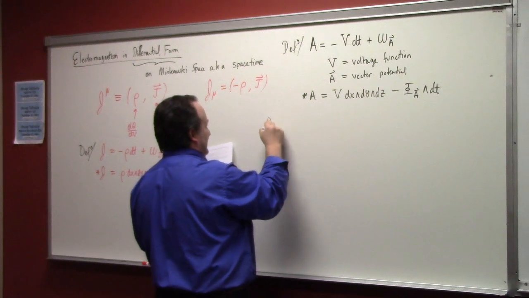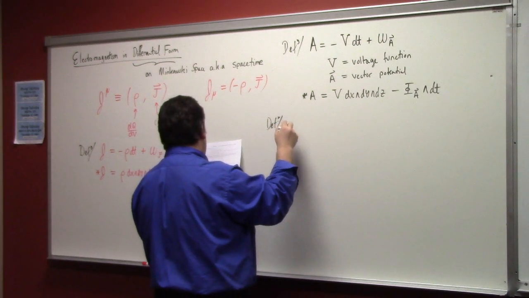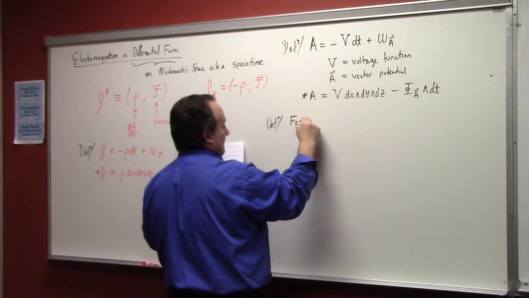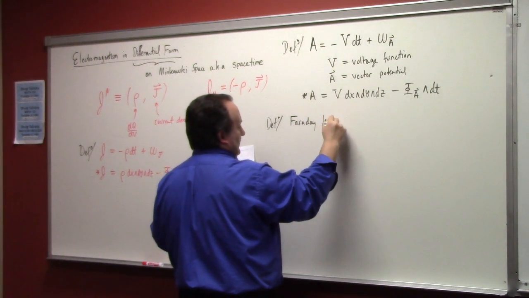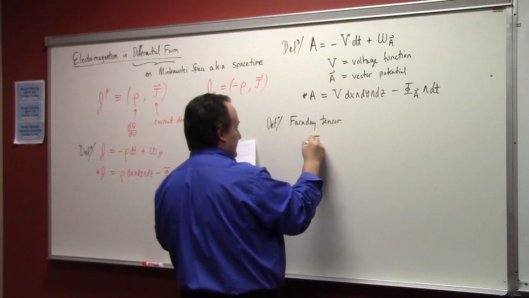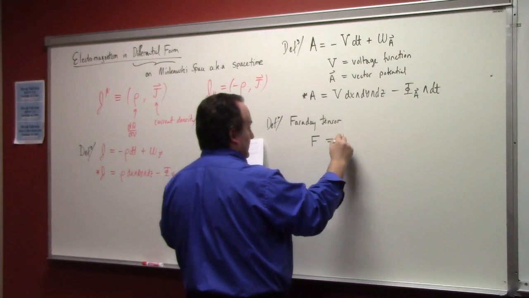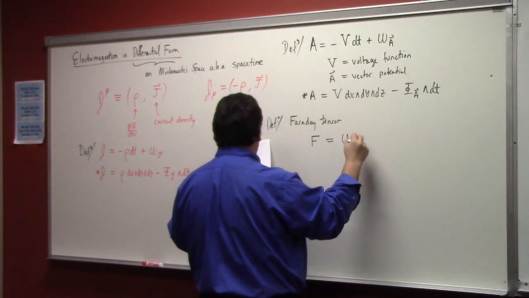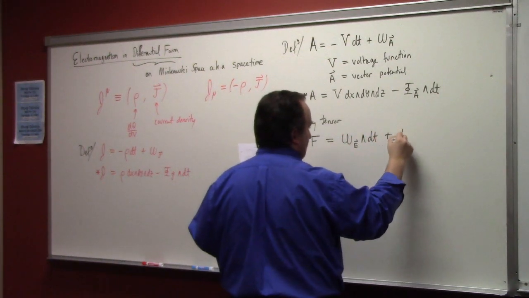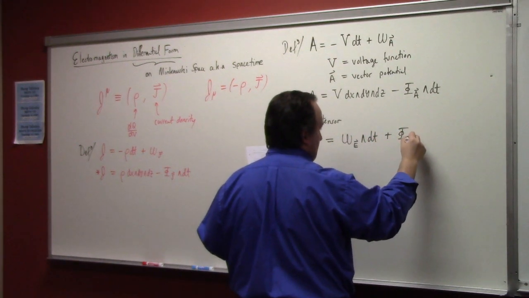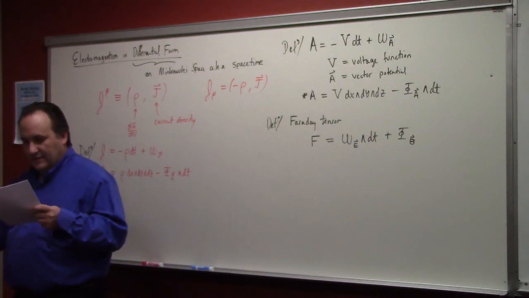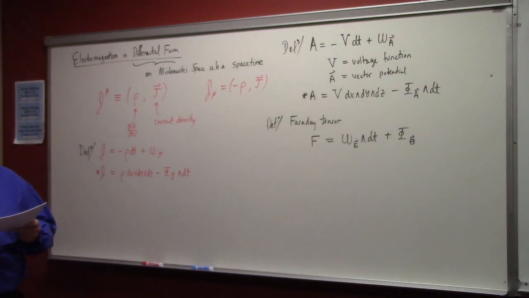Another definition, we can define what's called the Faraday tensor. The Faraday tensor is actually a two-form, and it looks like this: F equals the work form of the electric field wedge dt plus the flux form of the magnetic field B. I guess I should admit, we call E the electric field, we call B the magnetic field.